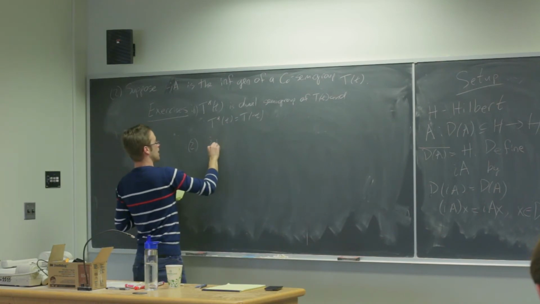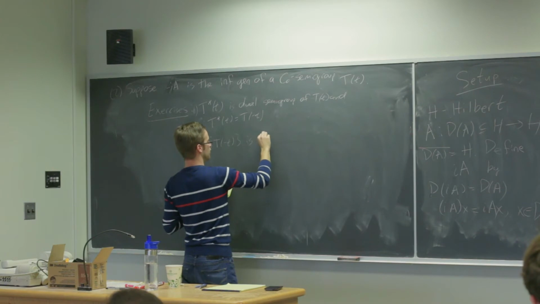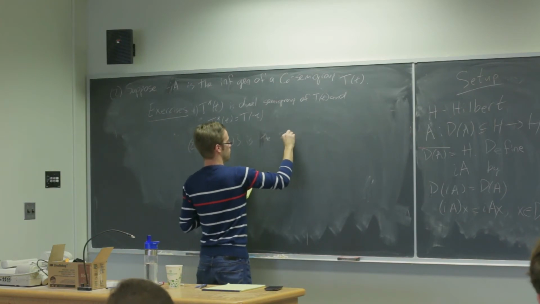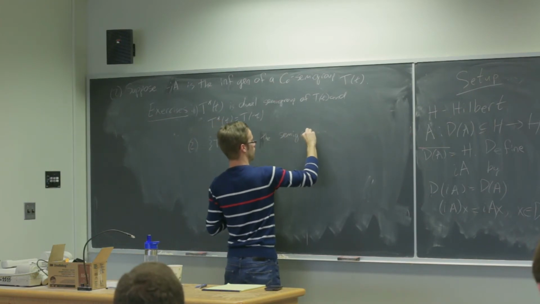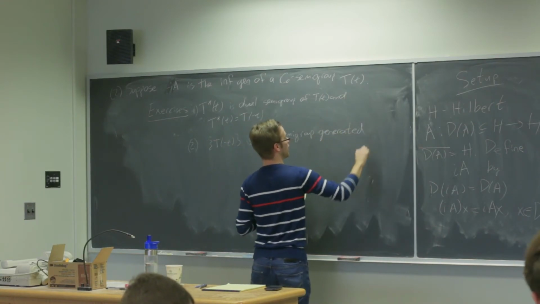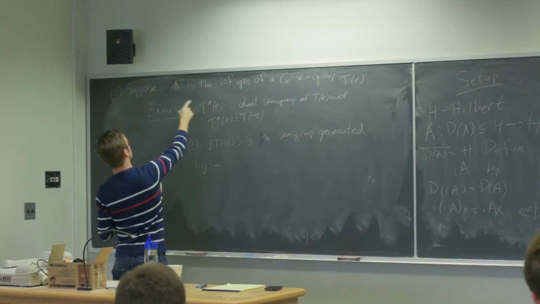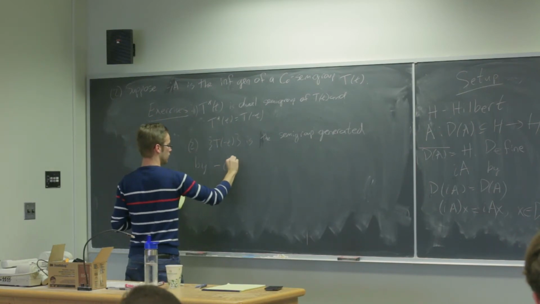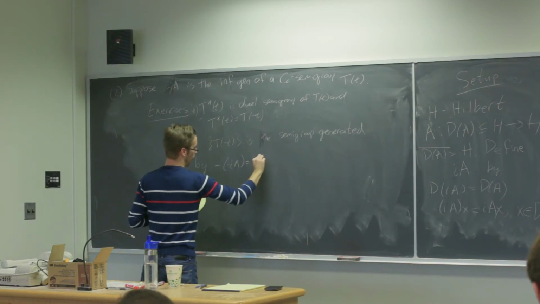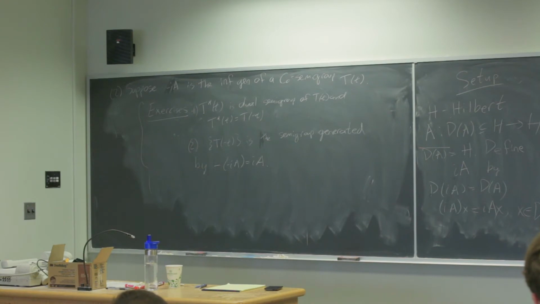And then the second one is that T(-t) will be the semigroup generated by minus my underlying operator. Minus the underlying operator is minus iA, so this is iA. Two pretty straightforward exercises. So I'm going to assume that we have these two things, and we're going to use this to prove Stone.